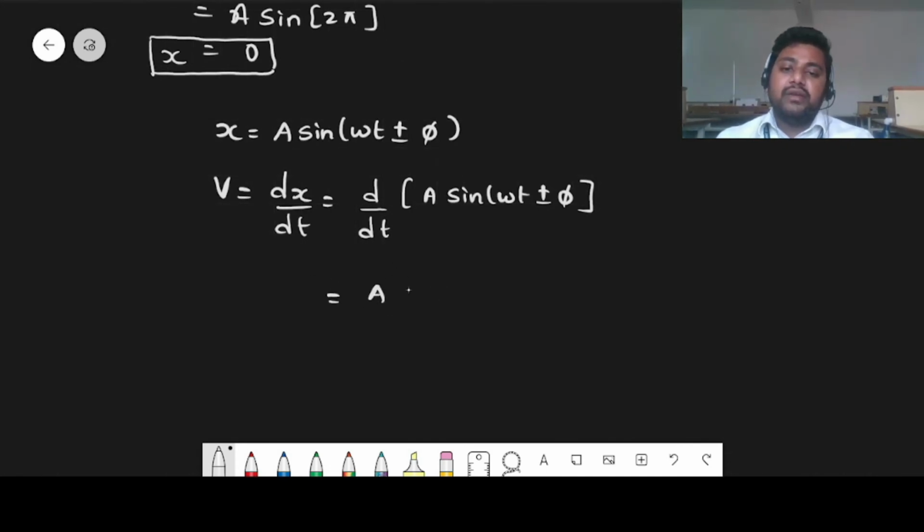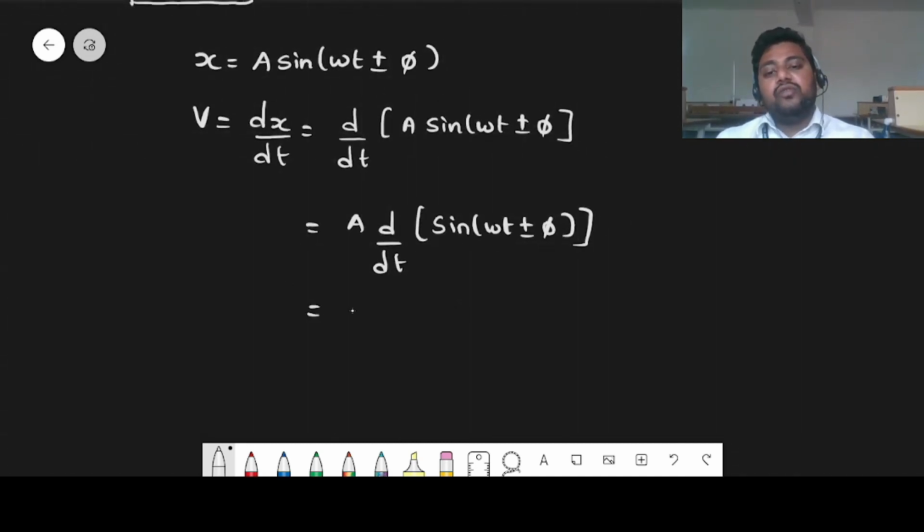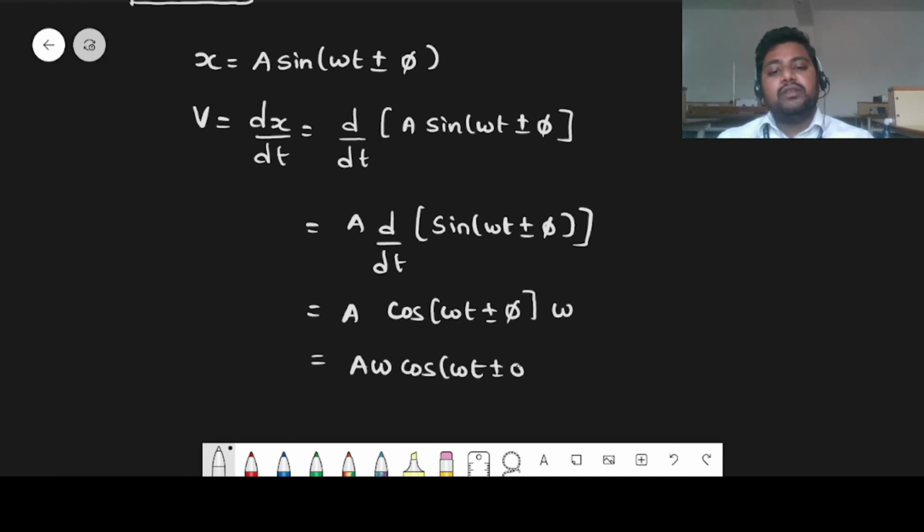The remaining term, which is the function of time, sine omega t plus or minus phi, can be further written as, the differentiation of sine will bring me cos omega t plus or minus phi. Further differentiating omega t plus phi will give out omega. So the velocity of the object will become a omega cos omega t plus or minus phi. This is the velocity of the object.